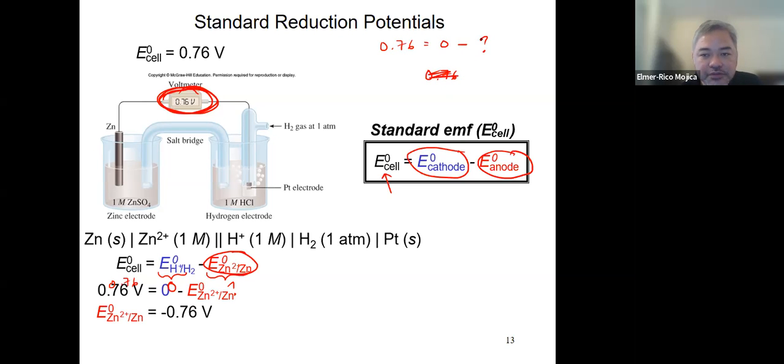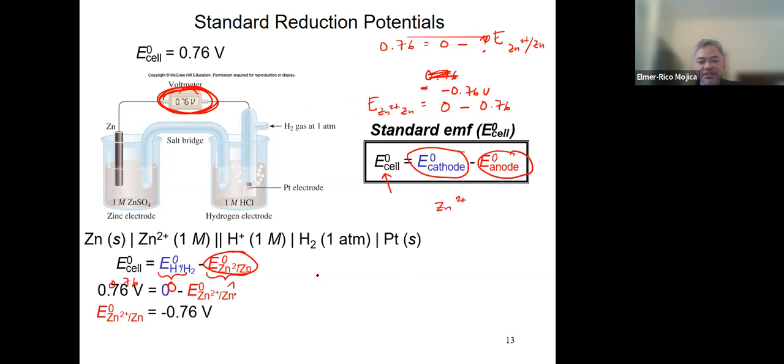So the one that you're looking for will equal, you move the 0.76 here. So that is equal to what? That's how they get the reduction potential of zinc.